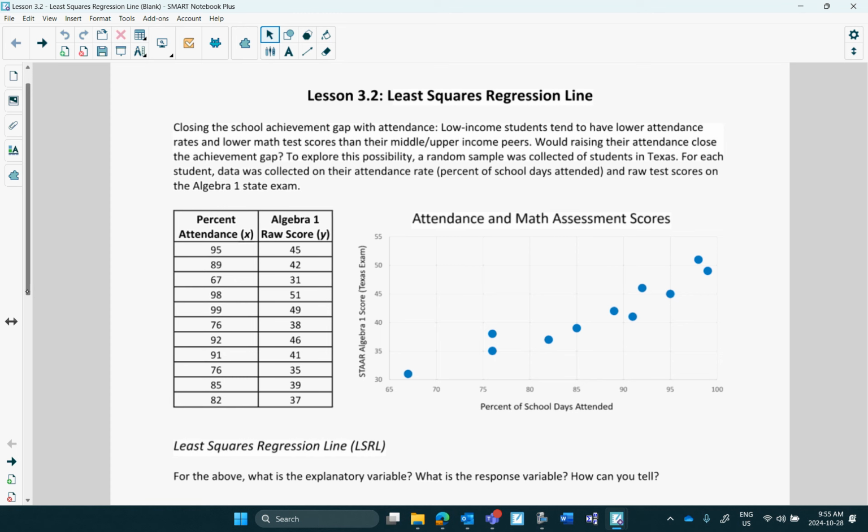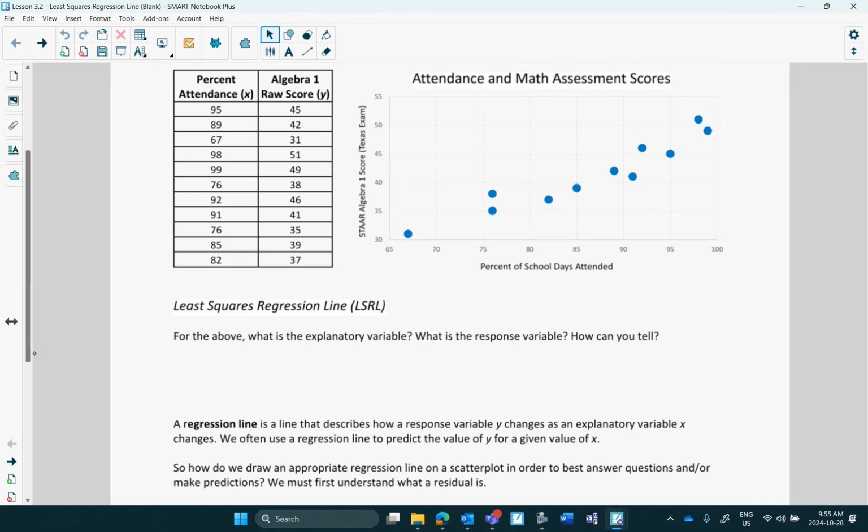So, probably we could see, actually, let's answer this question first. What's the explanatory variable? Percent attended. And the response?